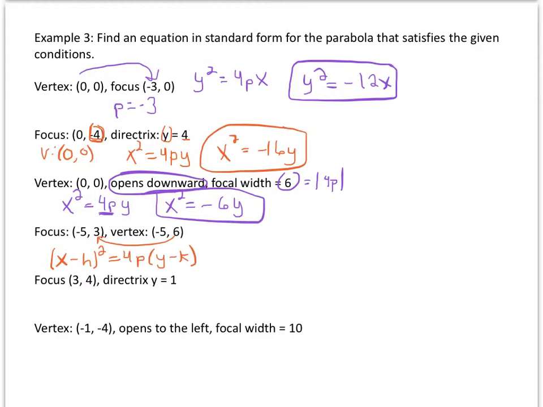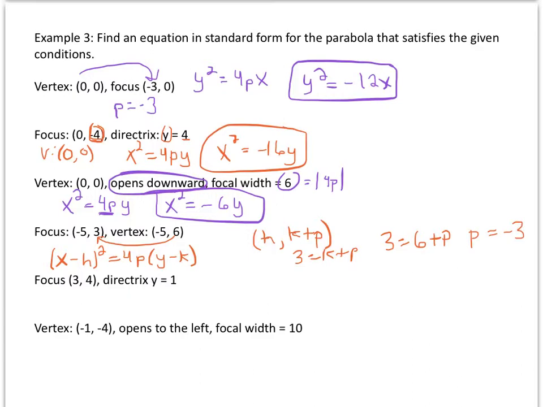We need to figure out what p is. And p comes from, if we know our focus, our focus is h comma k plus p. But 3 is what k plus p is. And we know that k is 6, which means that p is -3.